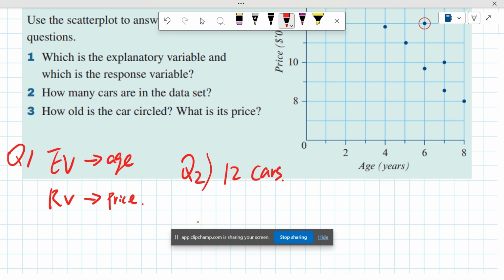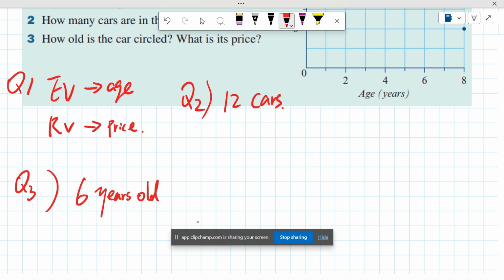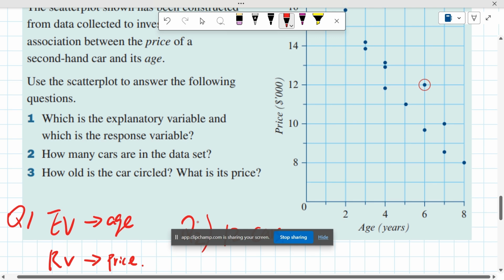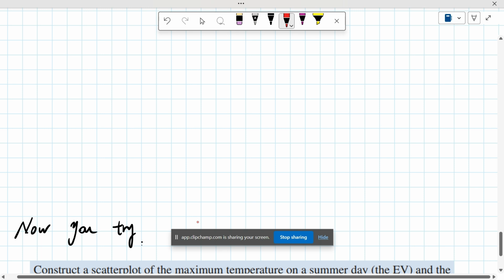Question three: how old is the circled car and what is its price? The circled one is a 6-year-old car, and the price is 12 with three zeros added, which is $12,000.